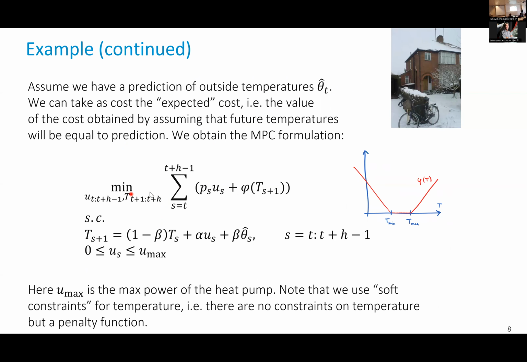And I have to minimize the integral costs of all the actions and the penalties over the horizon, subject to the state equation, which is saying that whatever I do at time s leads to a change of state at time s plus 1, and whatever nature will do will lead into this, which I predict to be that. And also I have hard constraints on what I can use on my controls. They have to be within some bounds here. So this is my model here.